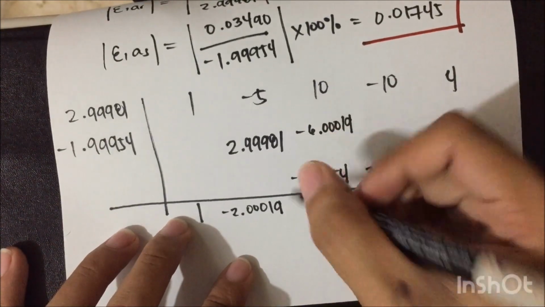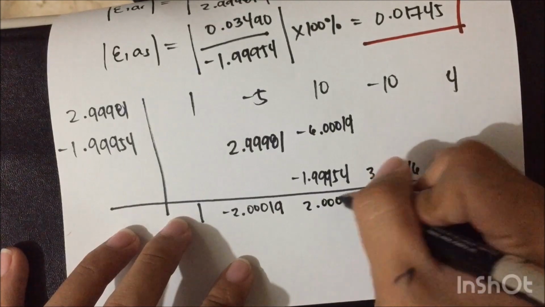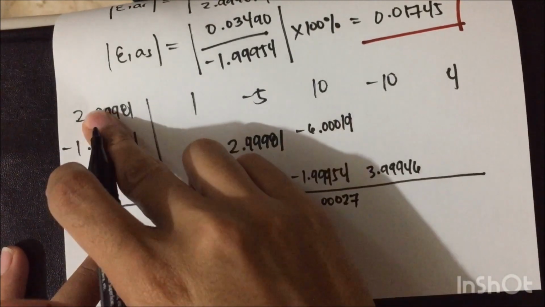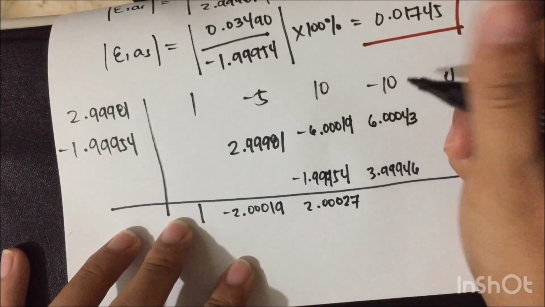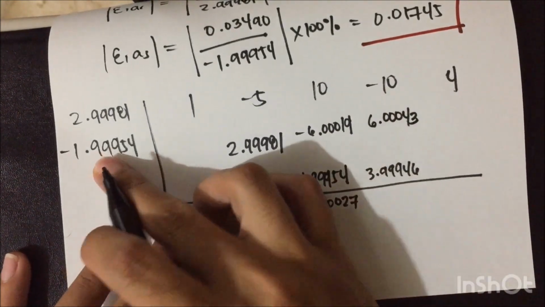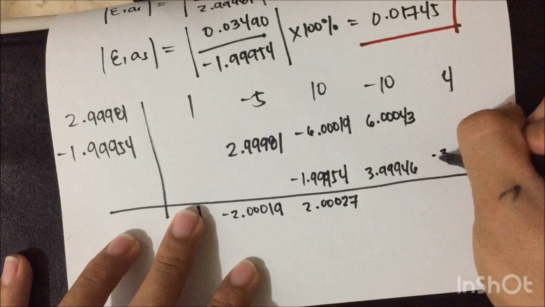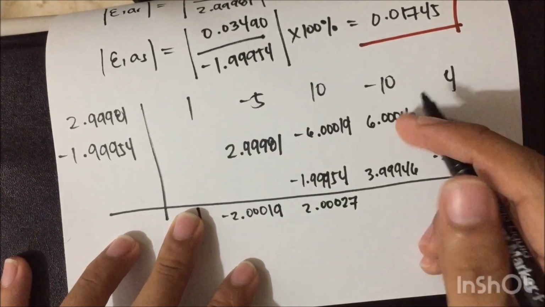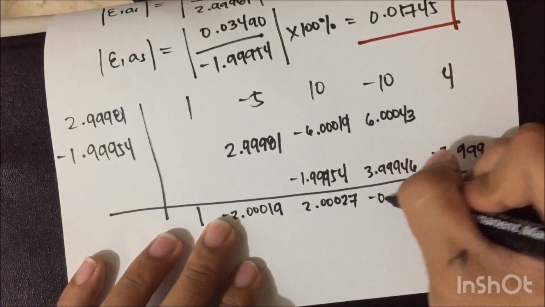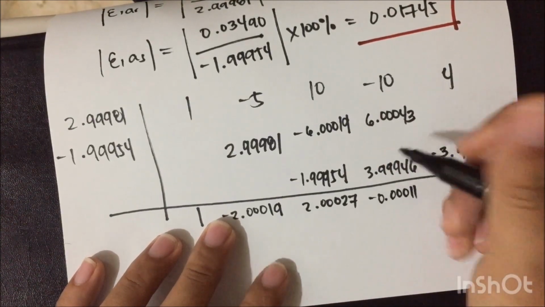So the sum of these values are 2.00027 times R again, we have 6.00043 times the value of S, we have negative 3.99962. Then the sum of these values are negative 0.00011.